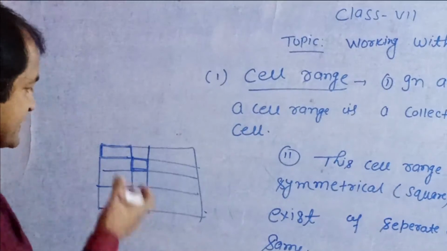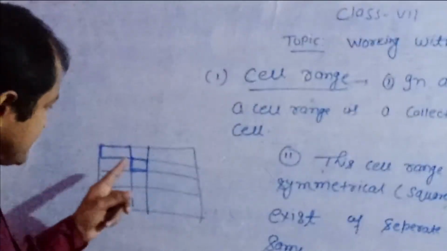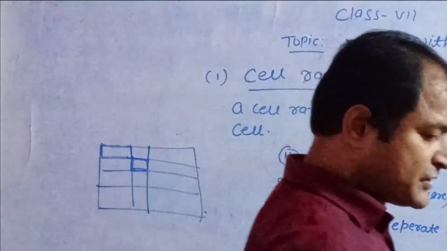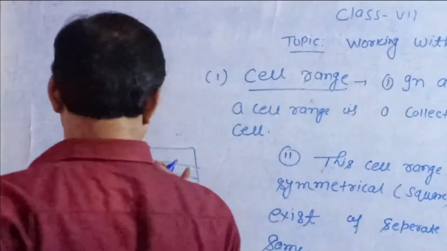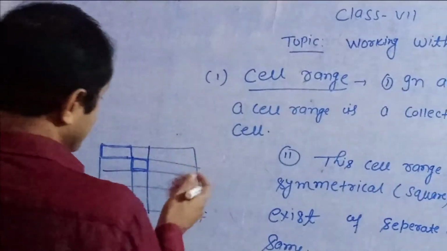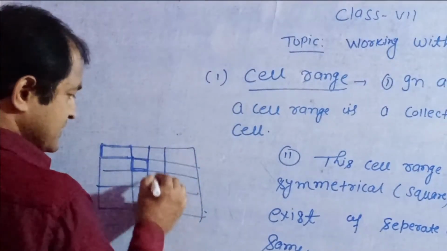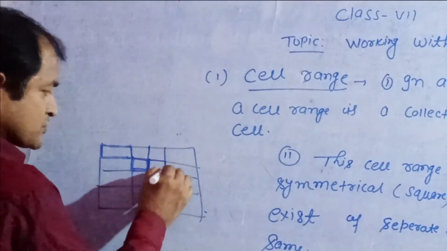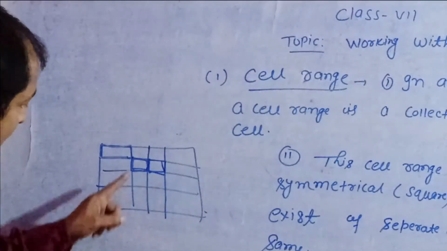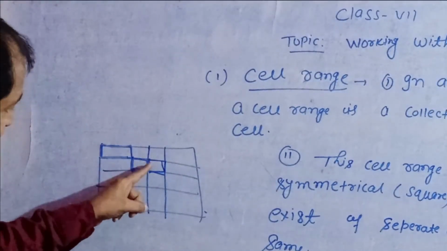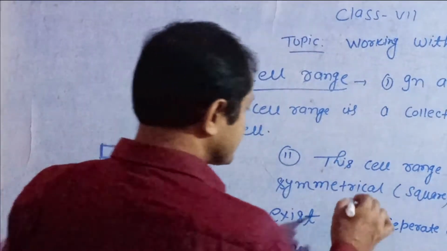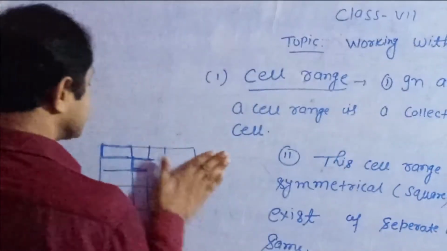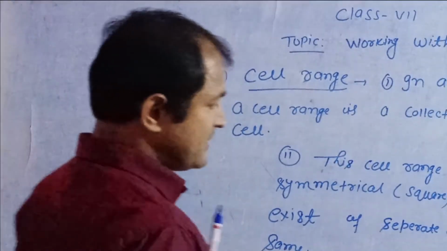Suppose I am in this cell range, and I change to another cell. So the other cell is also a symmetrical cell. The cell range is always symmetrical. Symmetrical means a square.